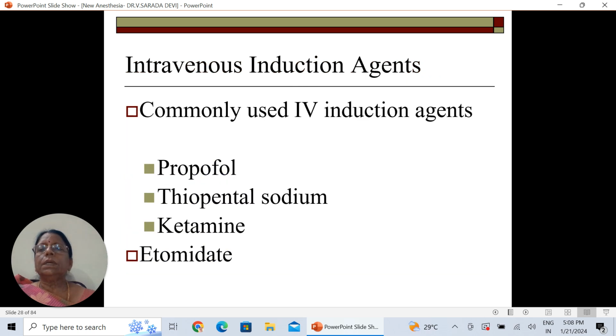Intravenous induction agents. Commonly used intravenous induction agents are propofol, thiopental sodium, ketamine, and etomidate.